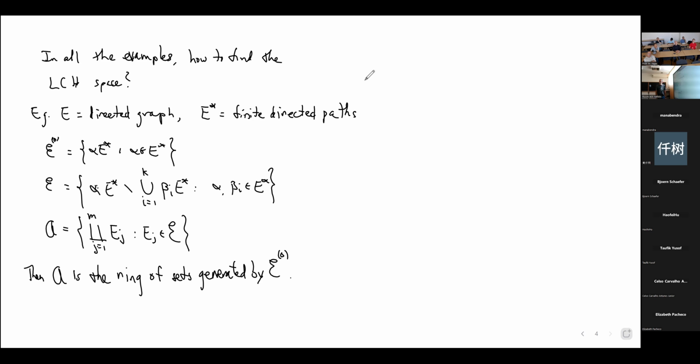So I have a stupid question. When I look at this E0, isn't it the same as the set of all subsets of E star? No, it's only certain subsets. But isn't alpha running over any finite path? That's right. But for a fixed alpha, this set is all the finite paths that extend alpha. But if I choose any alpha and any path, don't I get any path? It's one-sided. If you take any beta, alpha beta belongs to this set.